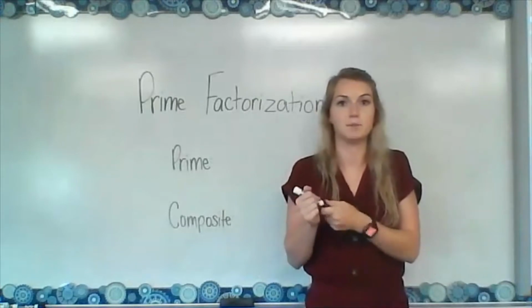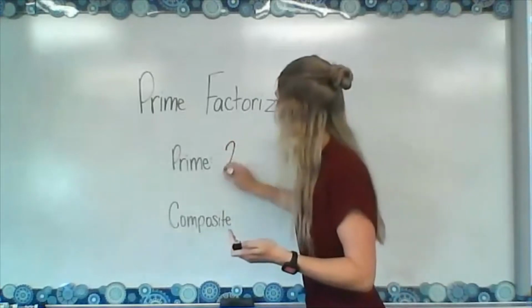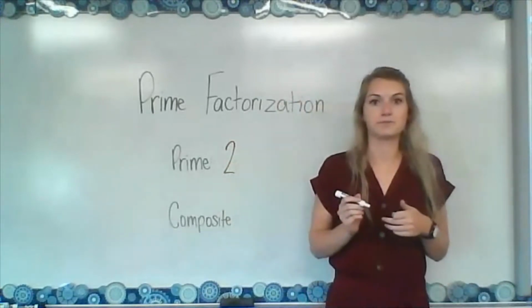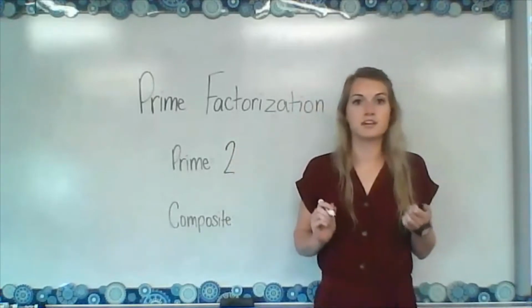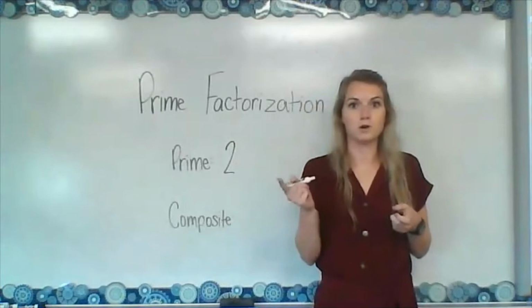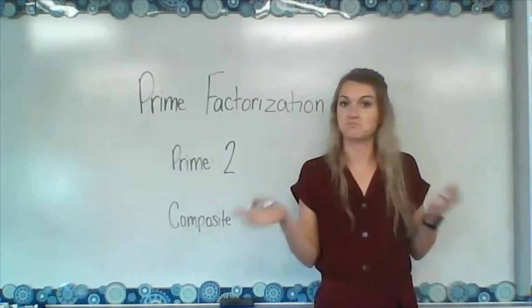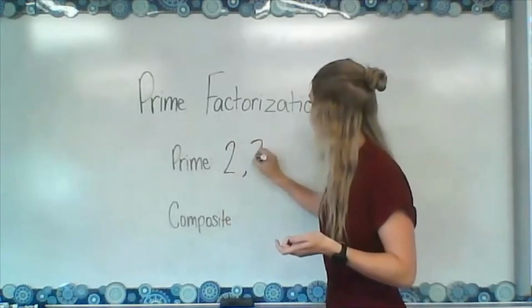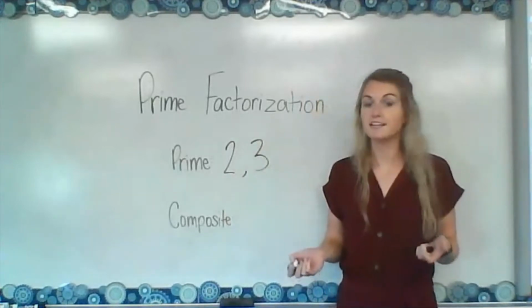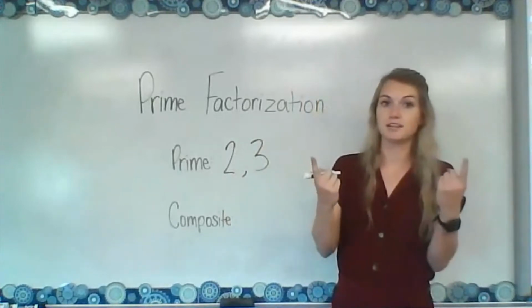For example, 2. The only numbers that I can multiply to get 2 are 1 and 2. Nothing else will give me 2. Another example is 3, right? Because it's only 1 times 3.